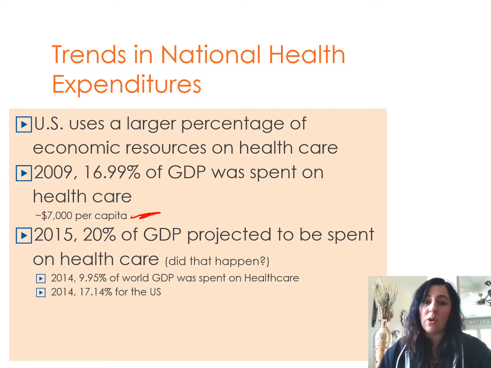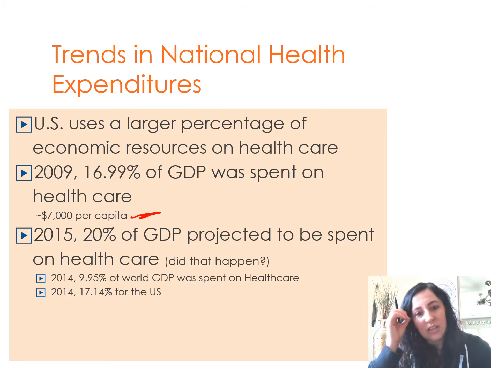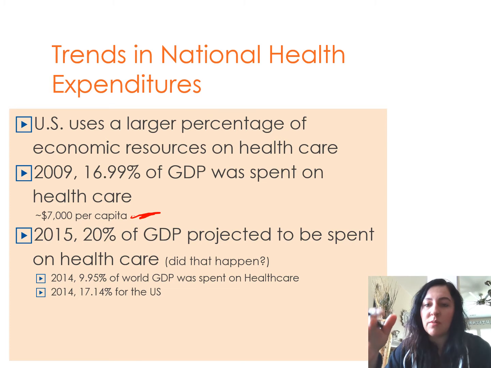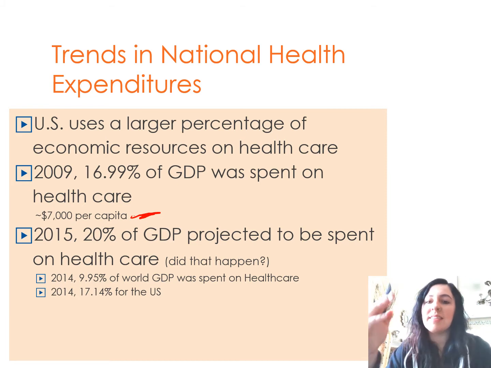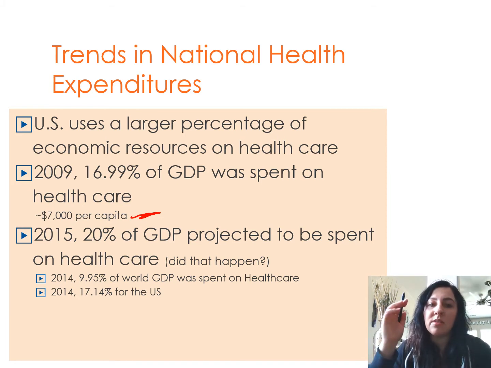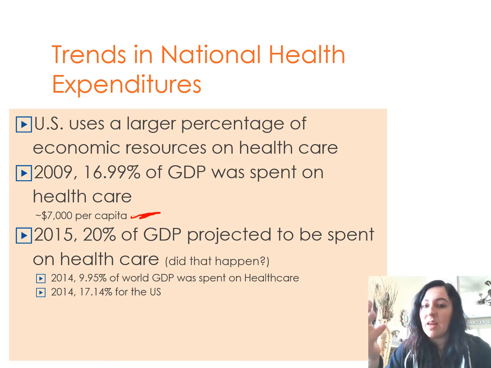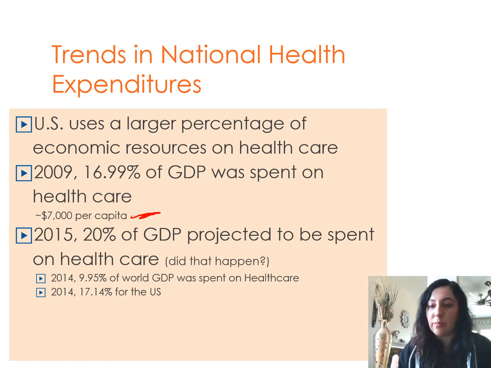Anyway, in 2015, it was projected that 20% of the GDP was going to be spent on healthcare. Now, did that actually happen? No, it didn't. We did something right, because it was projected that we were going to be spending 20% of our money on healthcare, since that seemed to be the rate at which we were moving.